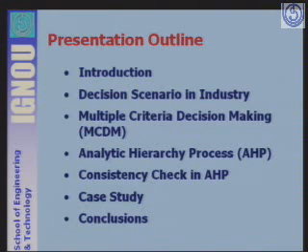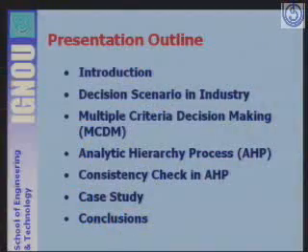And then the consistency check in AHP. This is a very important characteristic of this method, where a consistency check is available where the decision makers are making their decisions, and the beauty of the situation is that this method tells how consistent the decision makers are when they are told to take some decision. So this is a very good feature of this technique, and finally we will go for the conclusions.